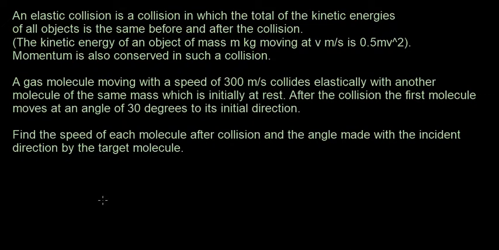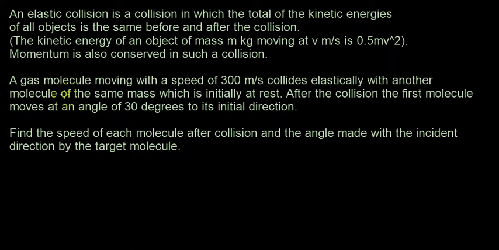I like to draw a picture of everything whenever I work through a problem, and you can see that basically the problem is a gas molecule moving with a speed of 300 meters per second, and it collides elastically with another molecule of the same mass, which is initially at rest.